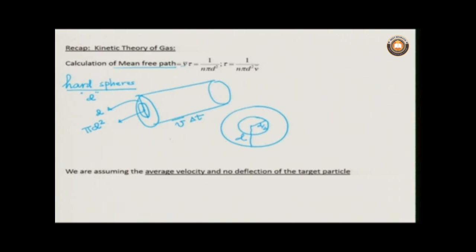So, what is important is, whenever any other molecule, let me remind you that I assumed other molecules are static in the beginning, whenever the center of any other static molecule comes here, tries to penetrate this cylinder, there is a collision.